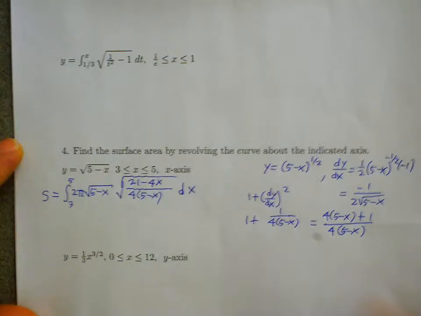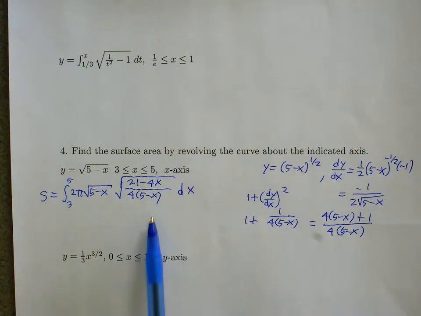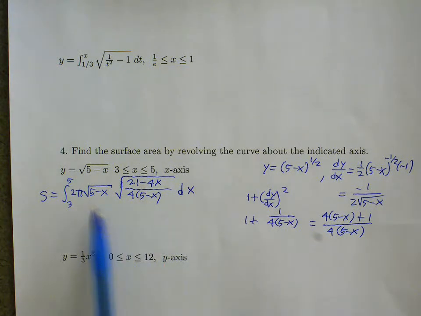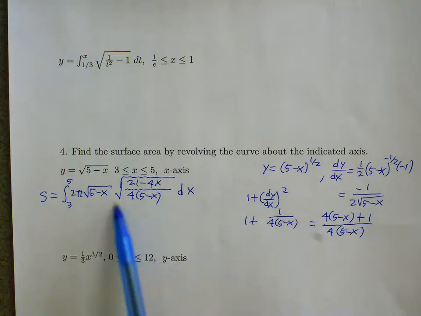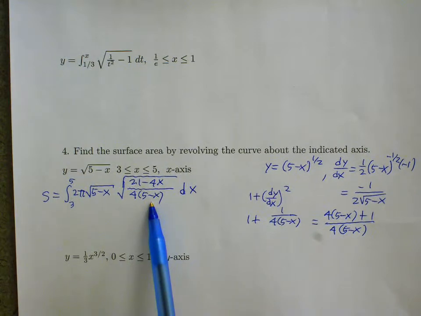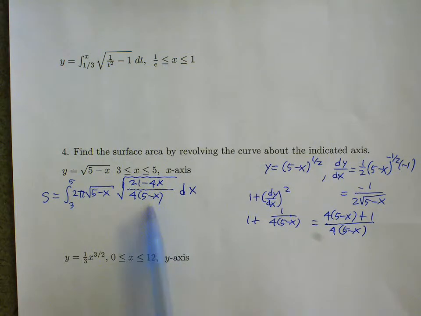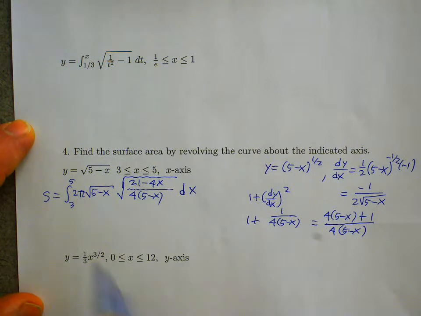Okay, so we get some simplifying to help us out a little bit. Notice this square root of 5 minus x is going to cancel with the square root of 5 minus x in the denominator. And then the square root of the 4 in the denominator, that comes out as 1/2. And if we multiply 2 pi times 1/2, we just get pi.